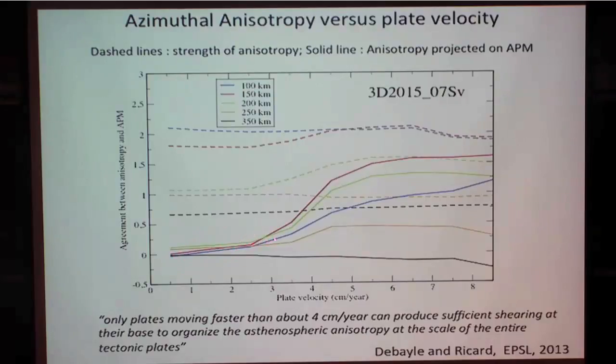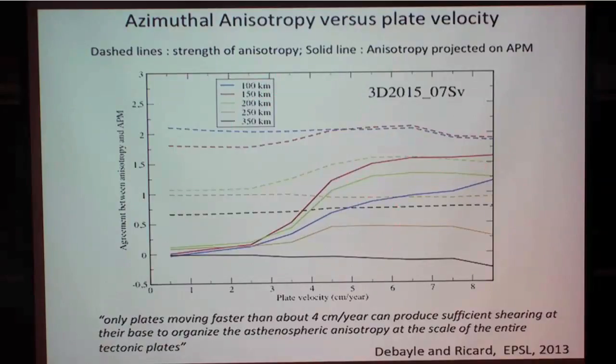But when the plate velocities start to increase from 3 to 5 centimeters per year, the anisotropy starts to align with the plate, and then it saturates at 5 centimeters per year. The threshold is near 4 centimeters per year. And if you look, the strongest aligned anisotropy is observed at 100, 150, and 200 kilometers depth here.